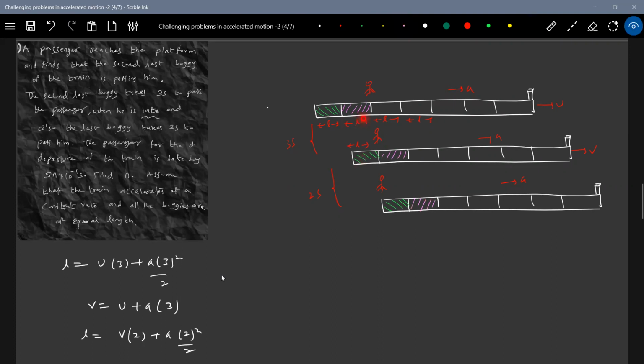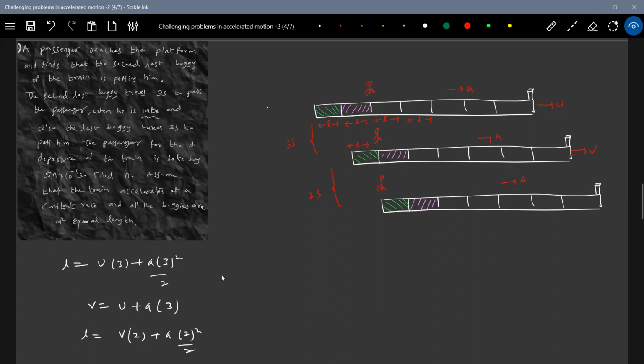This bogie will take 3 seconds to pass through it. And the last bogie will take 2 seconds to pass through it. So the length of each bogie is L. And this was at t equals 0, the train was accelerating. Now the passenger will arrive, and the train was having velocity u.